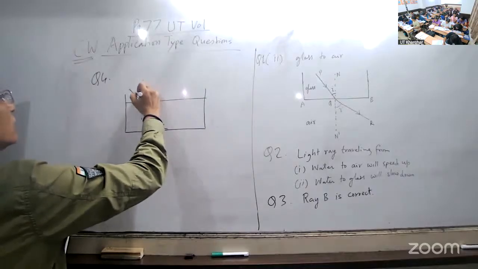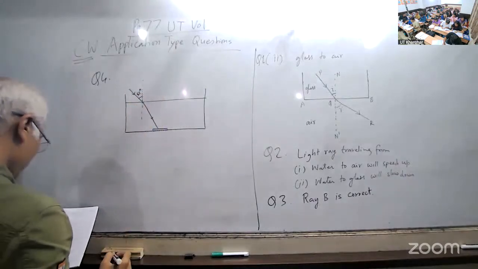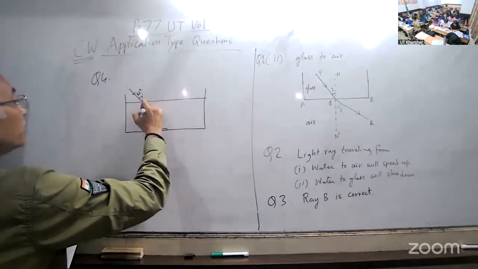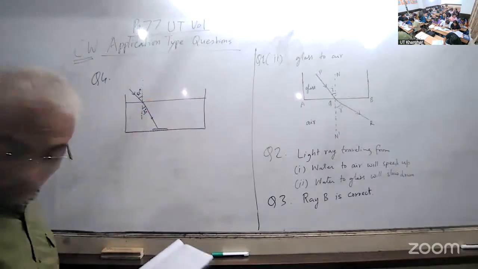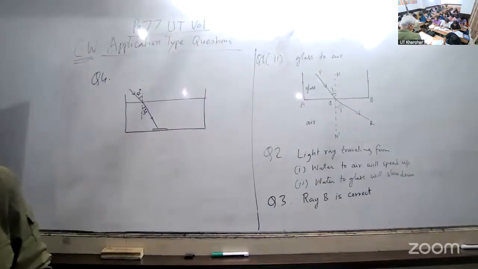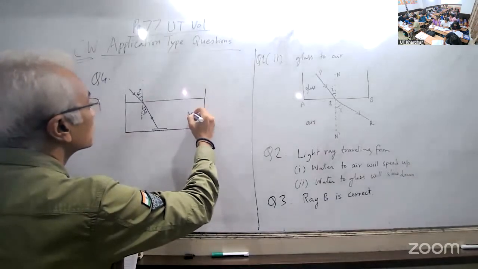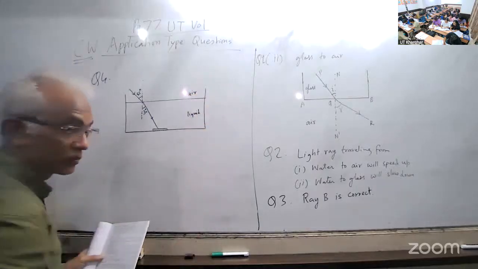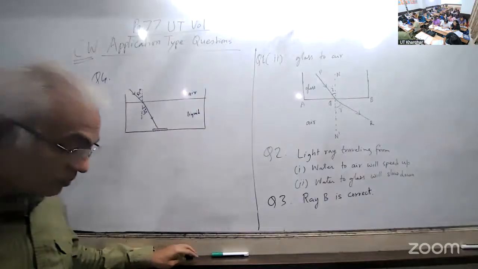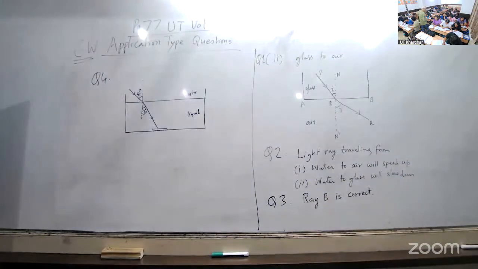What is this angle? 45 degree. And this one is 30 degree. This is liquid. This is air. Question 4 completed.